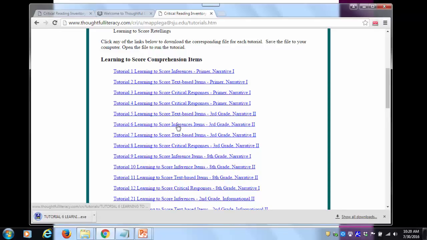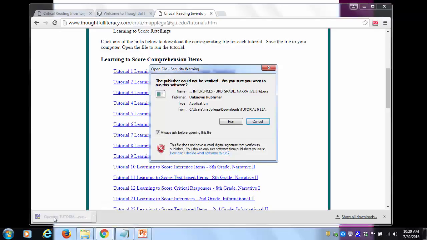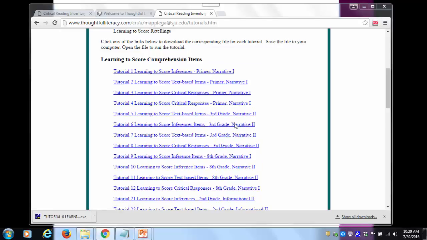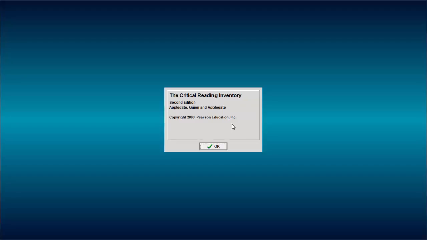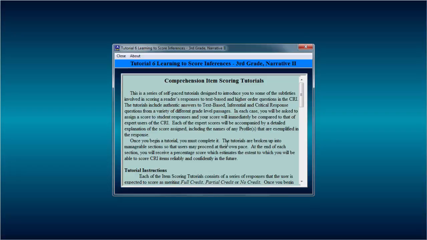Notice I clicked it on and the system downloads that file. On my computer, it appears here. Once you open that, you click Run. And here you have the Critical Reading Inventory tutorials. All right, now let us move.